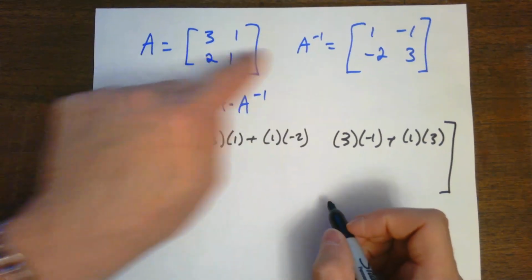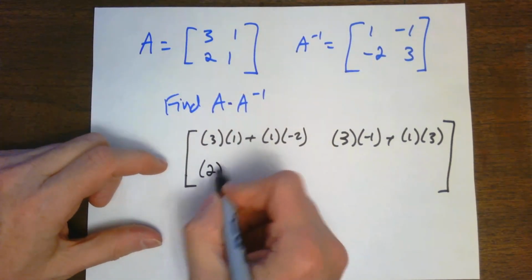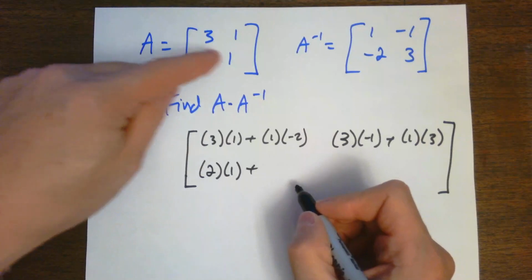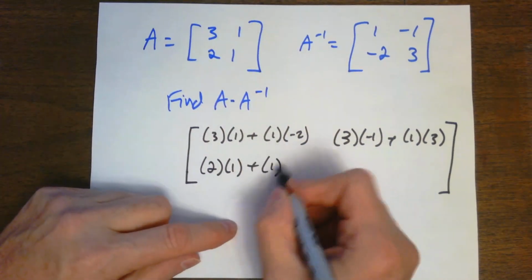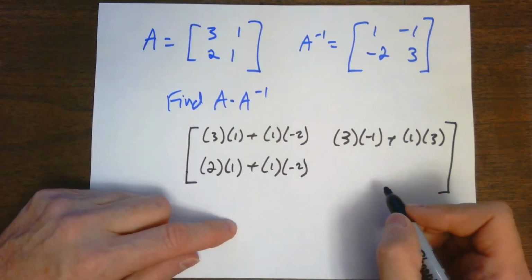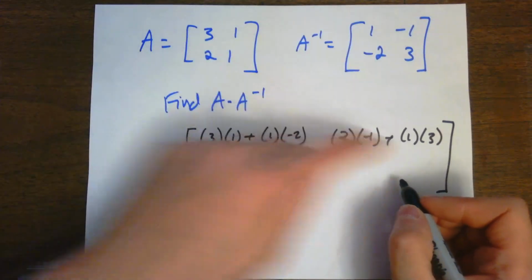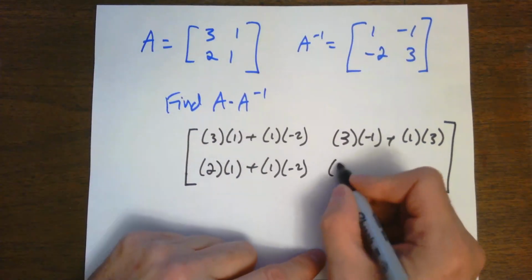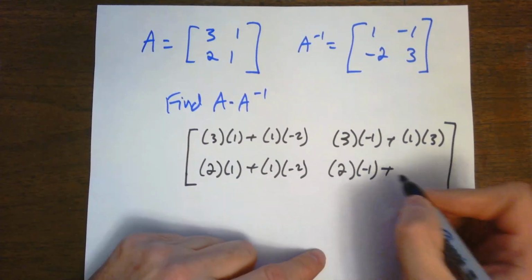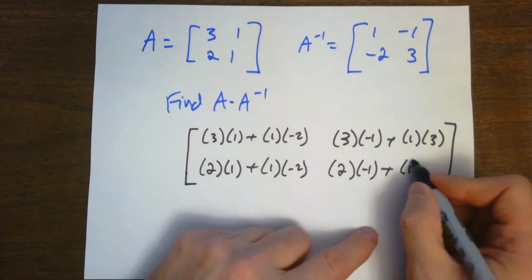Second row, first column, 2 times 1 plus 1 times negative 2. Second row, second column, 2 times negative 1 plus 1 times 3.